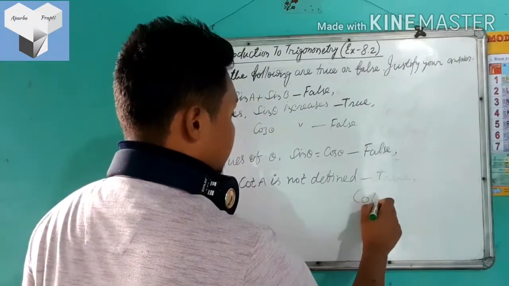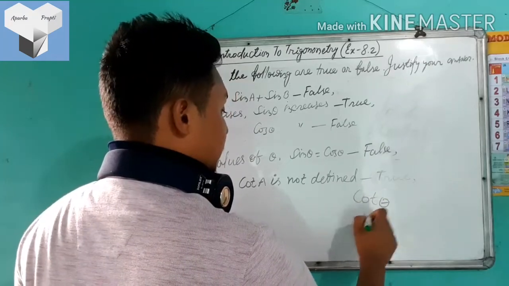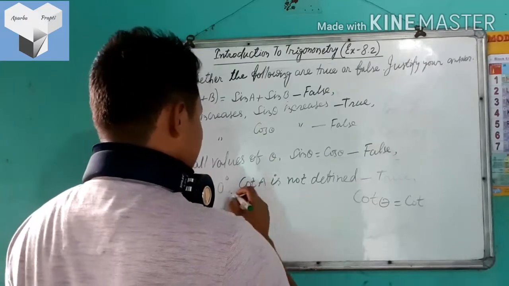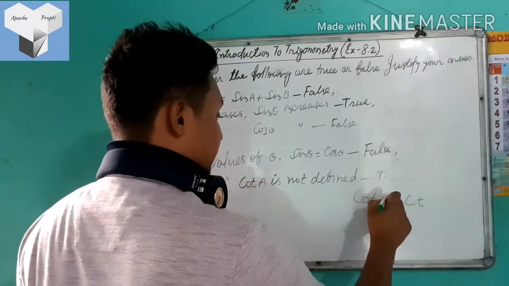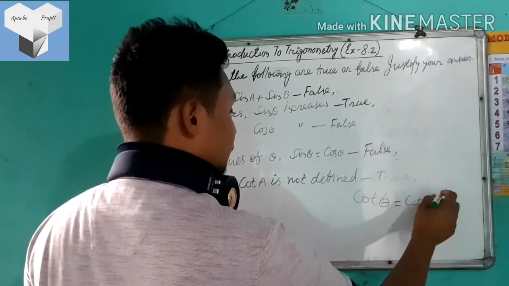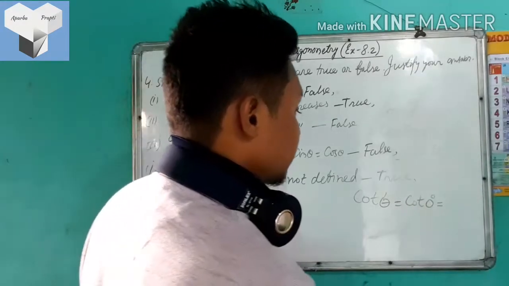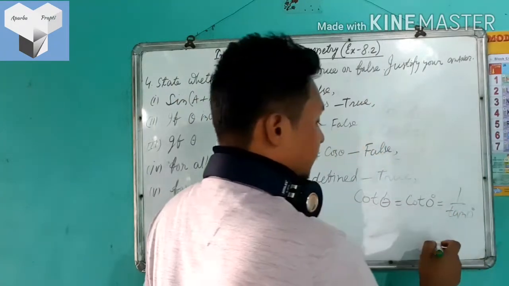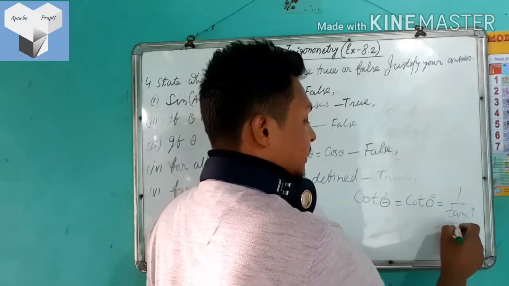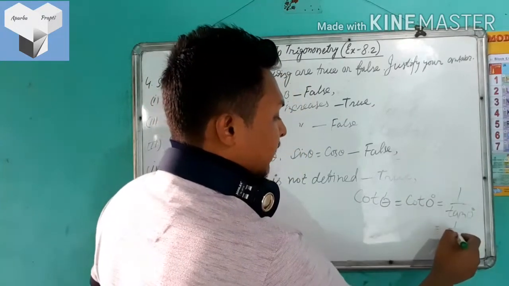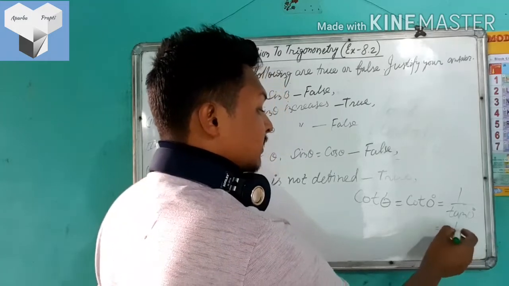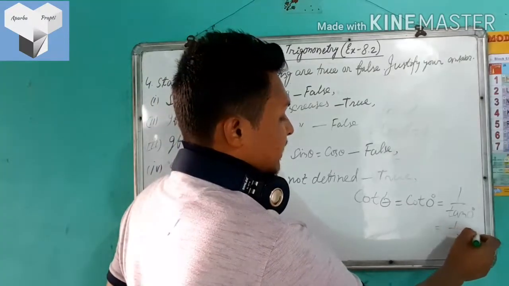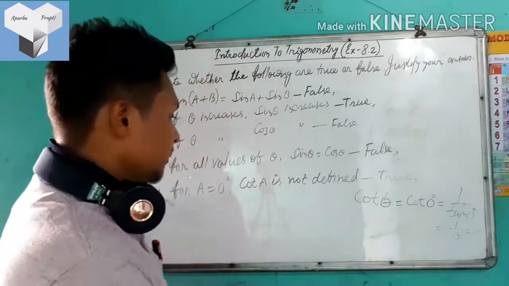Cot theta, and we put 0 degree in place of A. So it is cot 0 degree, which is 1 by tan 0 degree, because tan is the inverse of cot. And tan 0 degree is what, guys? 0. So we are dividing 1 by 0, and when we divide any number by 0, it is always undefined. So this is true.